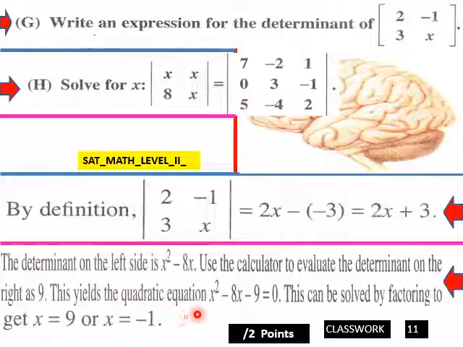This yields the quadratic equation x squared minus 8x minus 9 equals 0. This can be solved by factoring to get x equals 9 or x equals -1 for this quadratic here. And this is extraneous, so it'd have to be x equals 9.